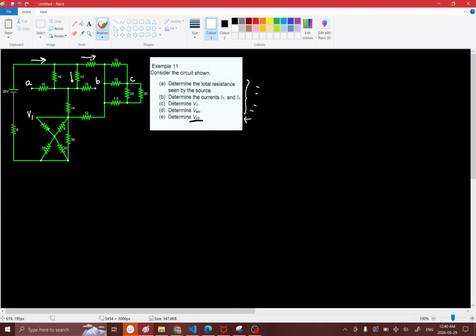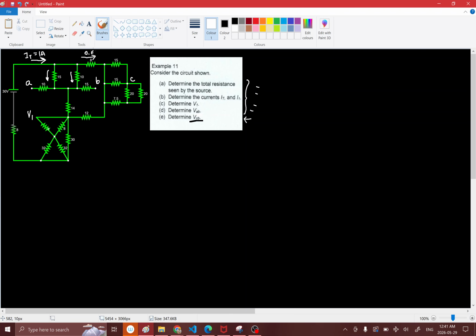So from the previous questions, we found out that IT over here was about 1 amp. I think it was a little bit less than 1 amp, but I'm going to simplify it so that the questions are easier to explain. Then we found out that this 1 amp is divided into 3 different currents. I can't remember exactly what the values were, but if you're doing this question, you would know.